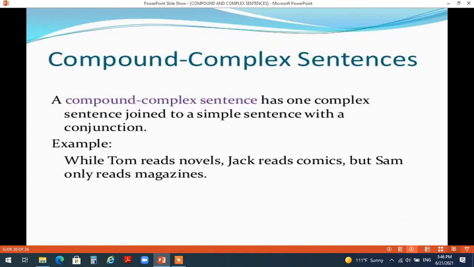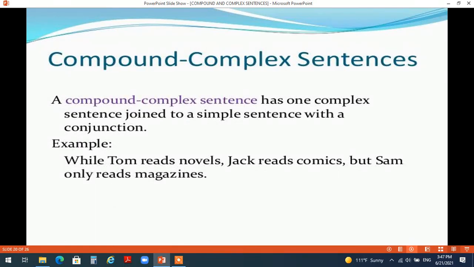So a compound complex sentence has one complex sentence joined to a simple sentence with a conjunction. يعني لدينا جملة معقدة واحدة ربطت مع جملة بسيطة تكون هذه الجملة البسيطة أو تحتوي على coordinator، فكأنما هي تكون compound sentence وبنفس الوقت complex. فإذا اجتمعت النوعين معا وأطلق عليهما اسم compound complex sentence.